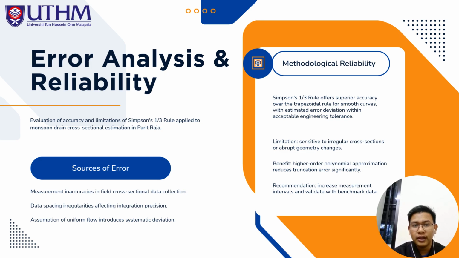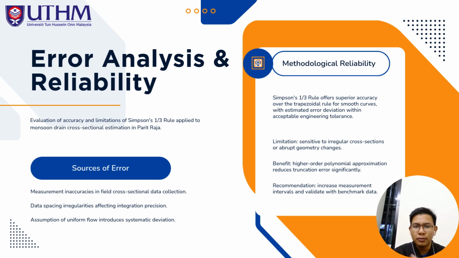To prove that our method is reliable, we perform an error analysis. We compare our numerical result with an exact analytical calculus evaluation. Both methods produce the same exact area of 3.84 square meters.